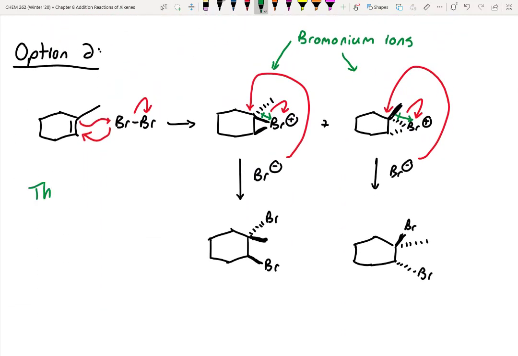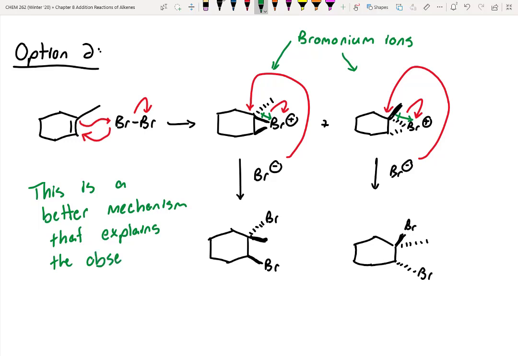So this is a better mechanism that explains the observed products. Does that make sense? So like I said, is this absolutely 100% the right mechanism? Maybe, but we just don't have evidence that it's wrong, right? So this is the best case scenario that we've been able to come up with as chemists.